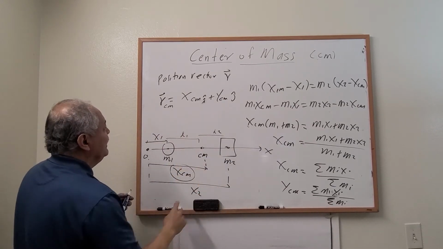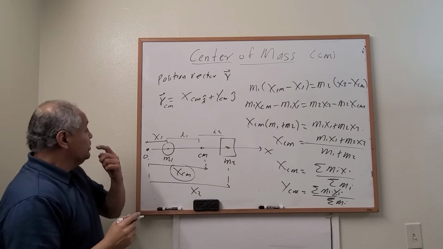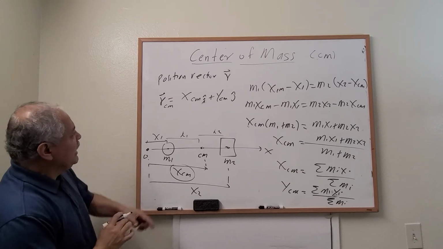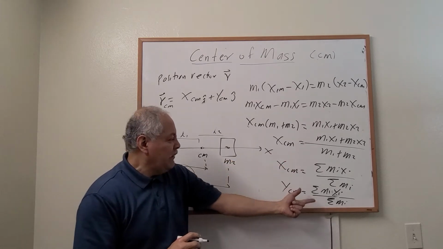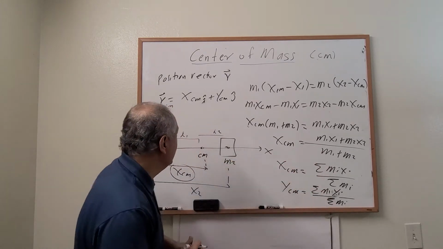So we have then the position vector. Also, we can write the position vector using this notation, with the subscript, as you can see right here.